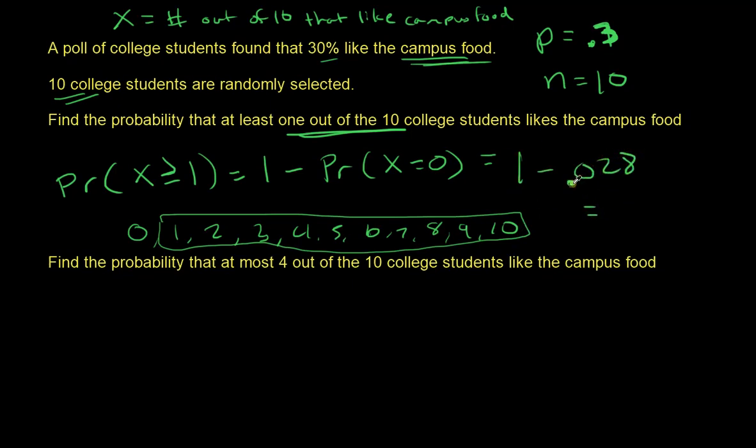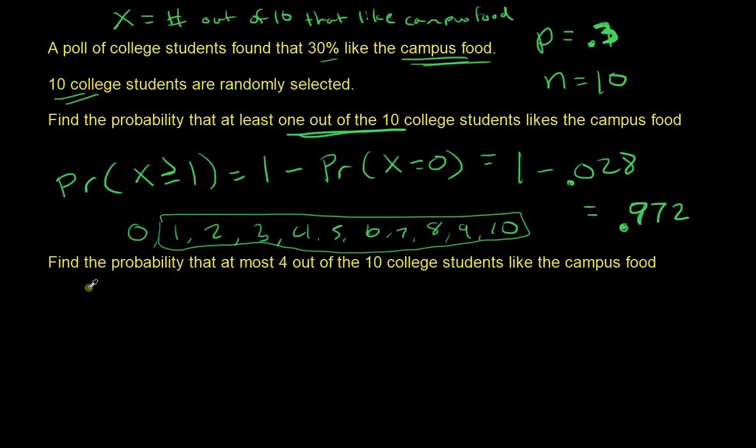On these problems, I'll mention it on the exam, but if you round to 3 decimal places, obviously that's okay because the table only gives you 3 decimal places. So 0.972. So pretty good chance that you'll find at least one person that likes campus food out of 10.